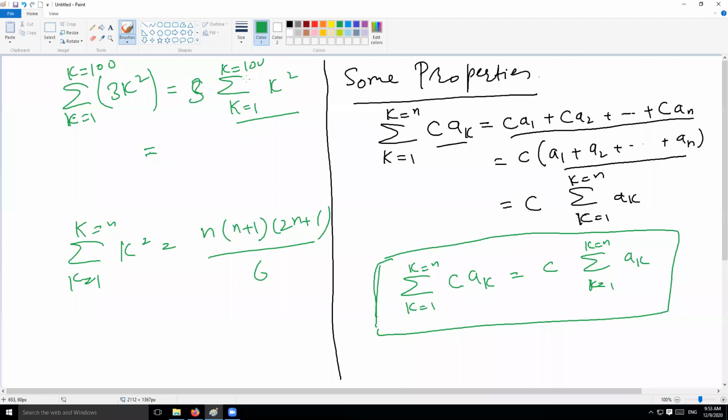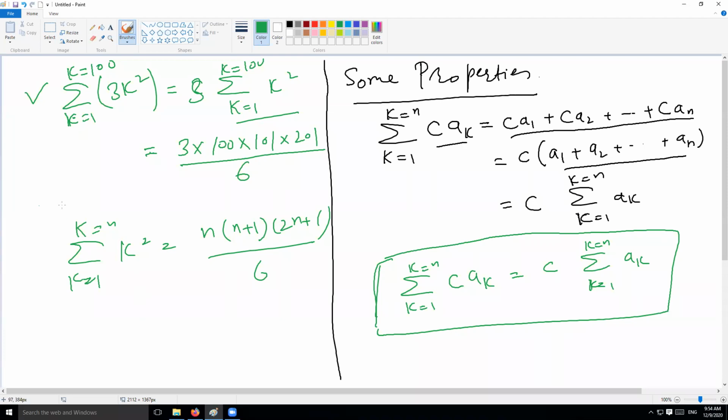So in this manner, the sum is going to be 3 times n, which is 100, times n plus 1, that is 101, times 2n plus 1, that is 201, and everything divided by 6. And you simplify this number, so this number is going to be the sum that you want.